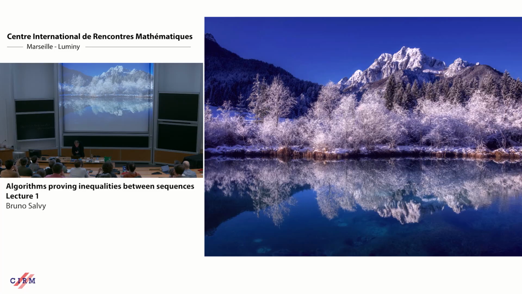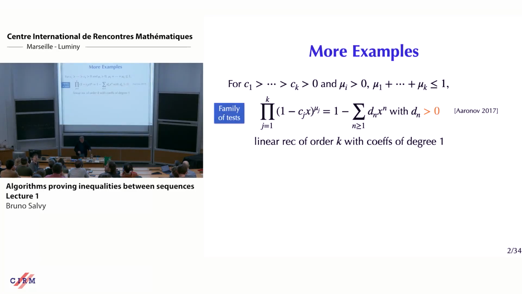It's the screen that's too wide. No, it's the projector that's... No, I don't know how to do it. Let me try to solve the problem. Okay, no, I don't know how to do it. So you're losing one letter. Okay.